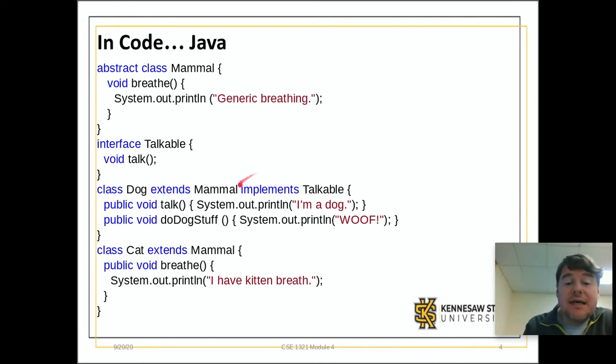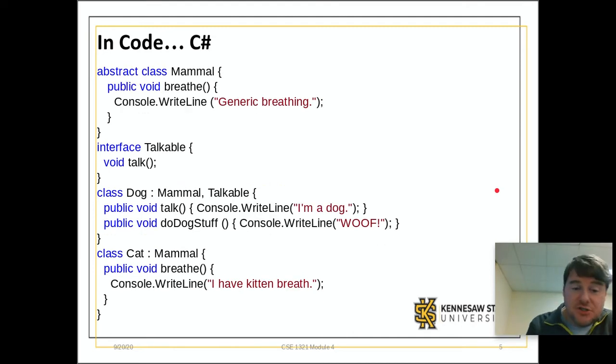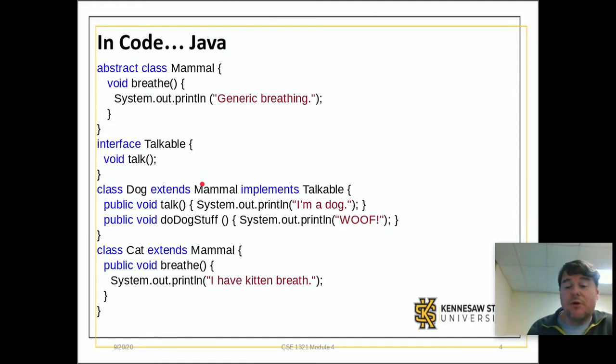However, you can implement an unlimited number of interfaces that you may want to implement. In this case, we're only implementing one, but it's absolutely possible that there could be 2 or 3 or 5 or 100 interfaces that you're choosing to implement. And in C#, as I've said, these all just go in a list, but the rule is still there. There can only be one class and an unlimited number of interfaces. If you try to mess with that, the compiler will bark at you.